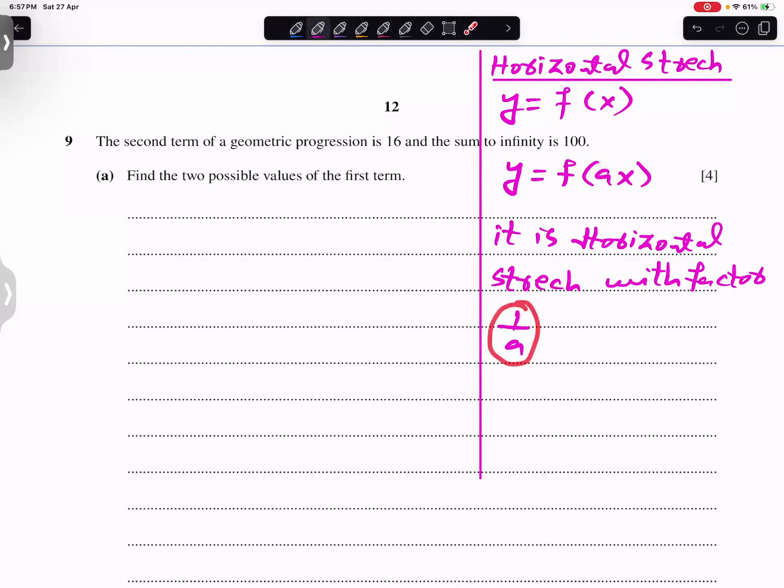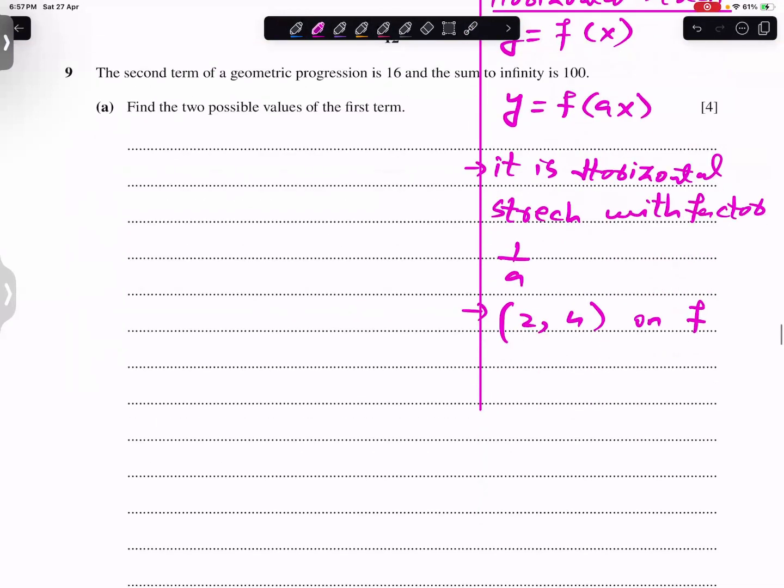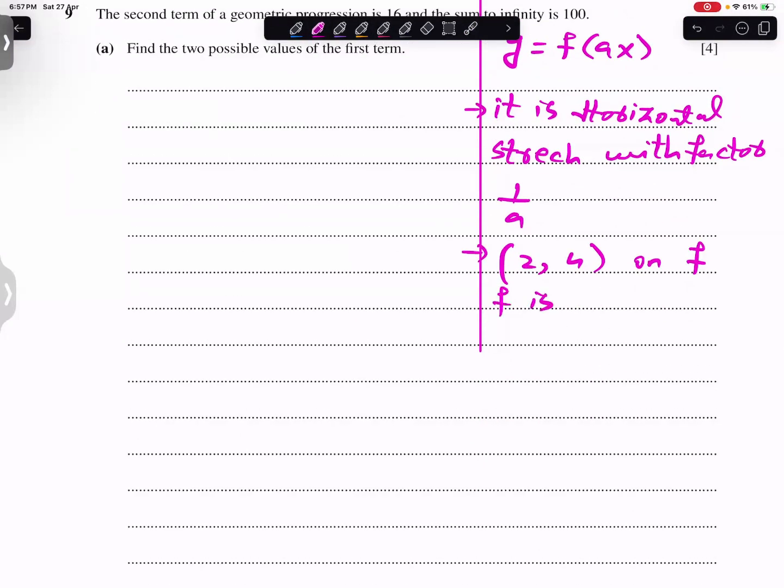And what is the meaning of this now? Let's say, for example, you have a point 2 comma 4 on f, and the question is f is stretched horizontally with factor 1 over 2.